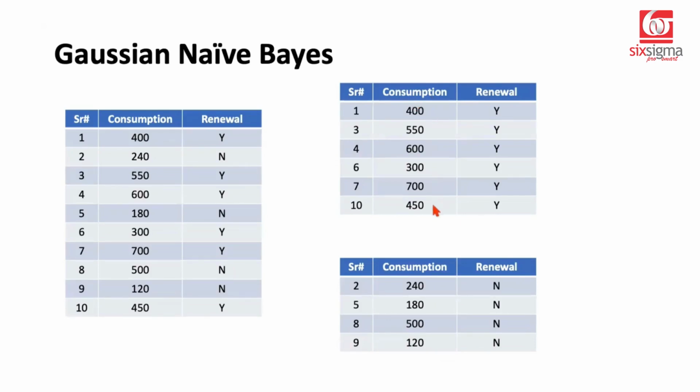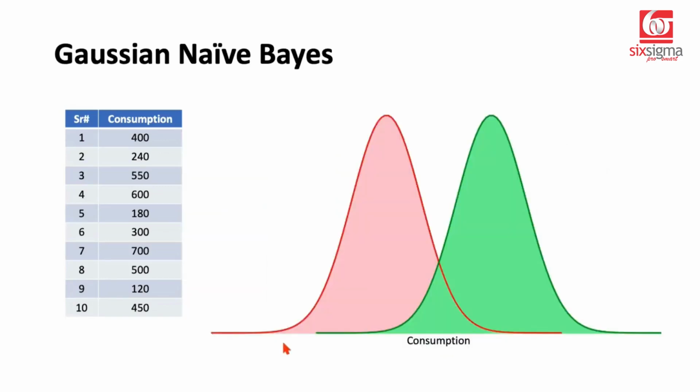Now, if this feature follows the normal distribution, we should be able to compute its mean and standard deviation, mu1 and sigma 1. Similarly, if this feature follows normal distribution, we should be able to calculate its mean and standard deviation, mu2 and sigma 2. To represent visually, let's assume that we take the consumption column on the x-axis, and we are assuming 2 distributions.